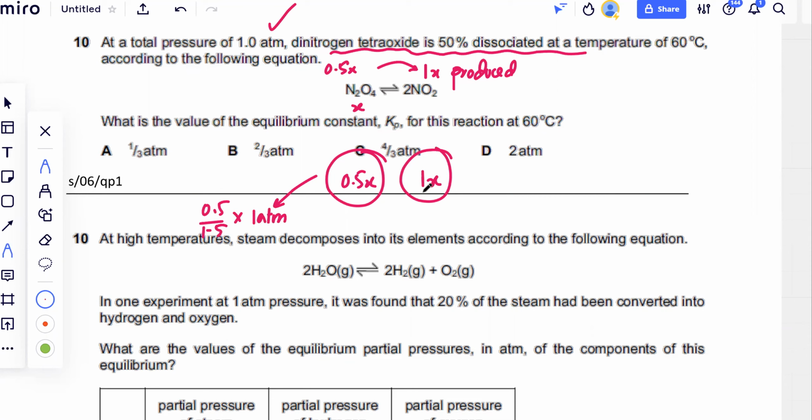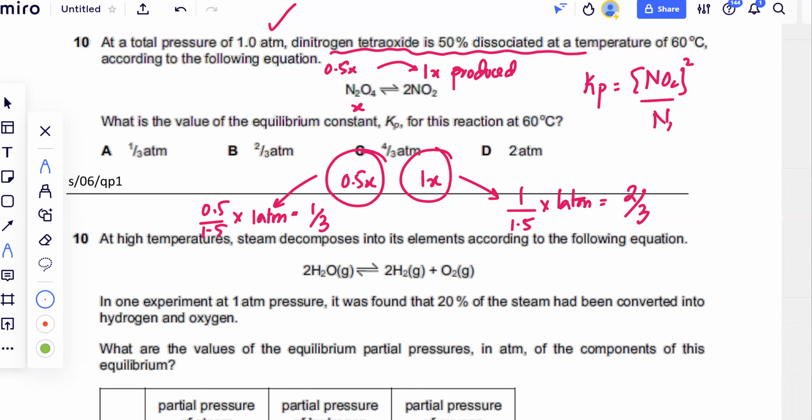So this one is going to have 1/3 atm, right? And this one over here is 1x divided by 1.5x into 1 atm, and that is 2/3 atm. So you have your products and your reactants, you have the partial pressures. So the formula of Kp in this case would be NO2 squared divided by N2O4.